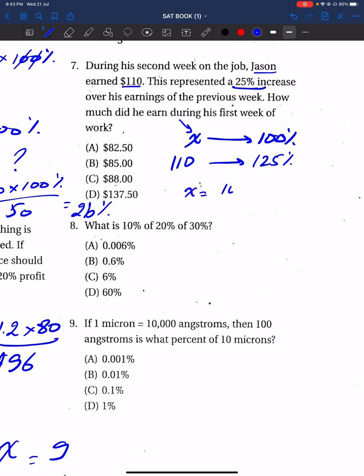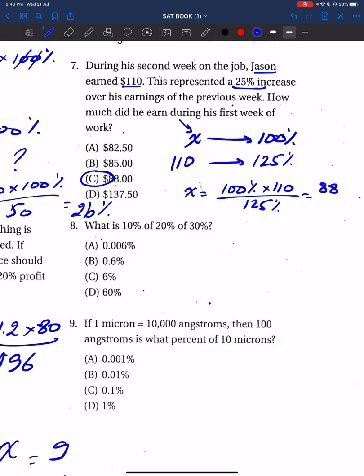X is equal to 100% multiplied by 110 divided by 125%, which would give you, let me calculate that, 100 multiplied by 110 divided by 125, and that's $88. So on his first week, he should have earned $88, and your answer is C.